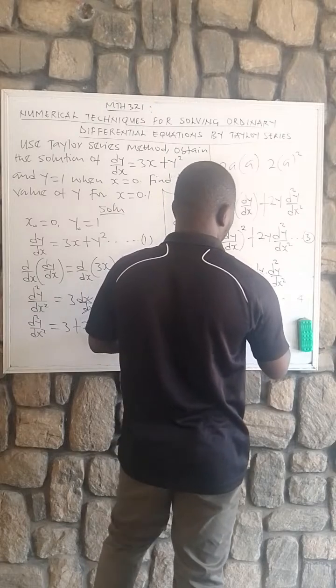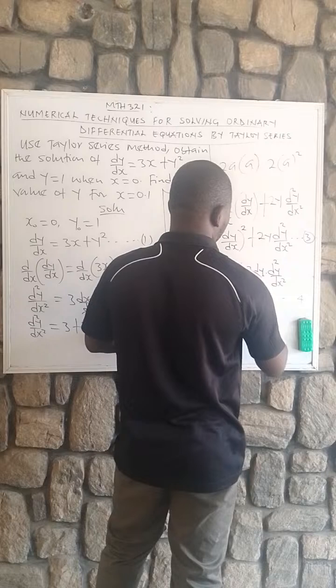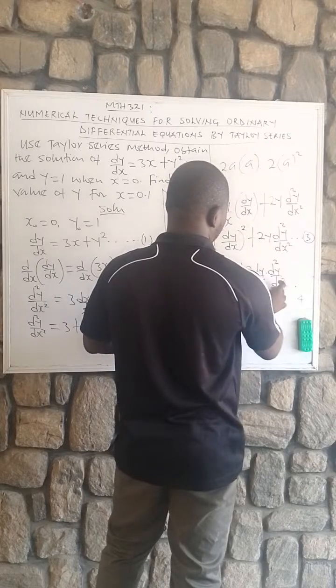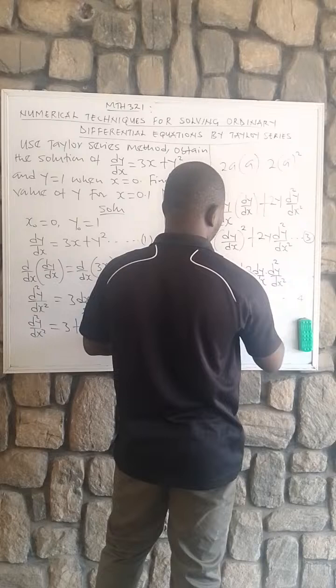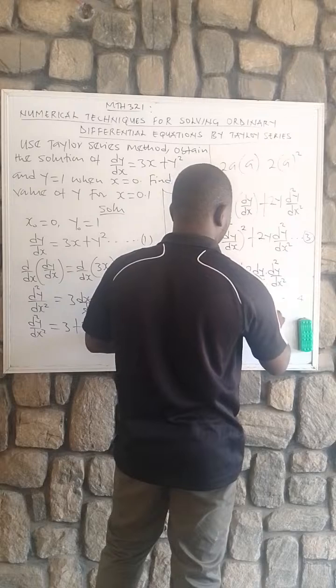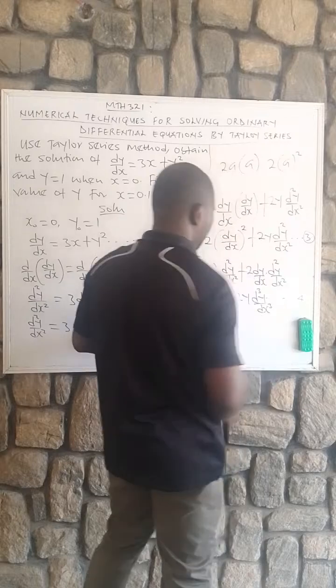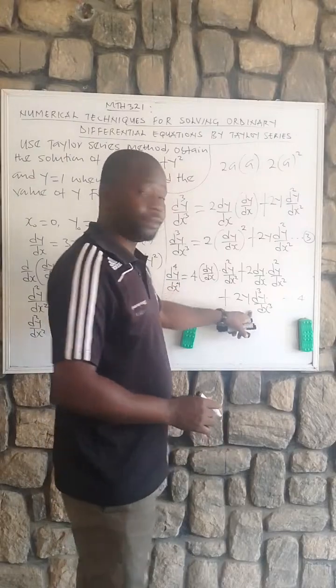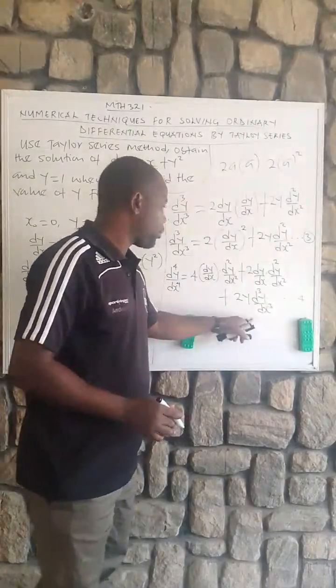We differentiated this, we got this, then we have 2y d cubed y over dx cubed. I think this is what we are supposed to have. True or false? Okay.